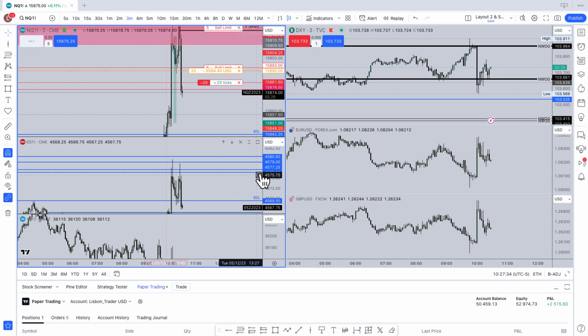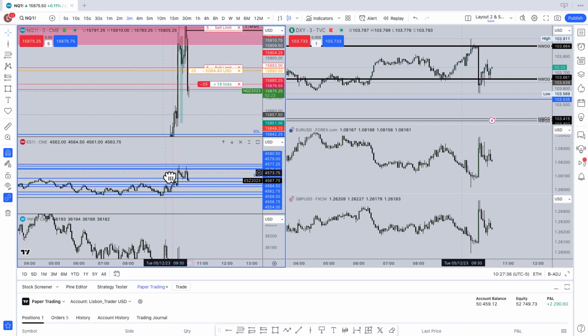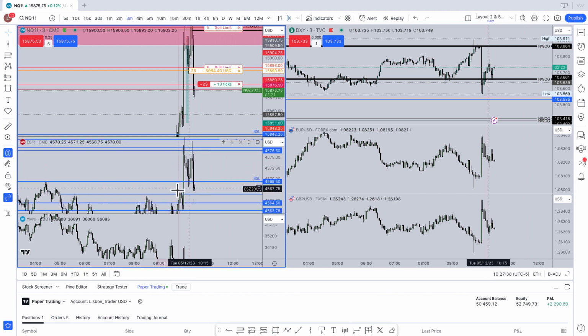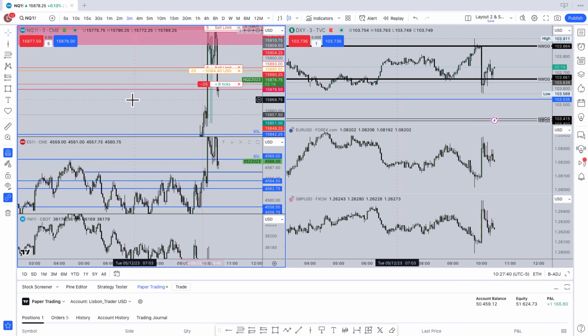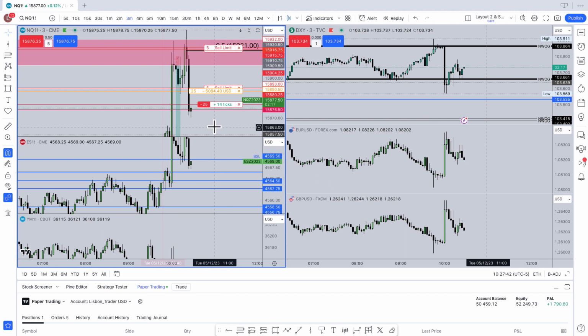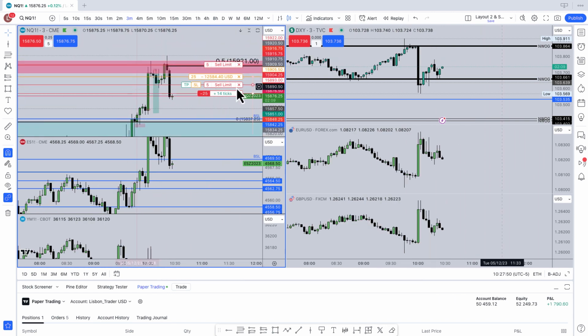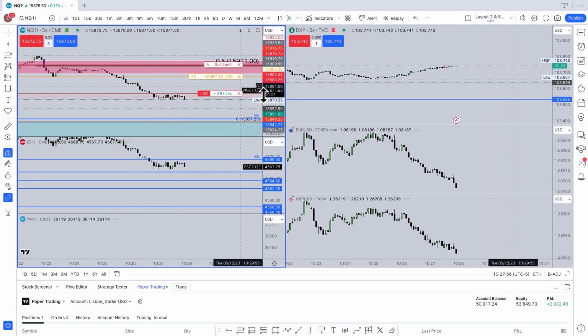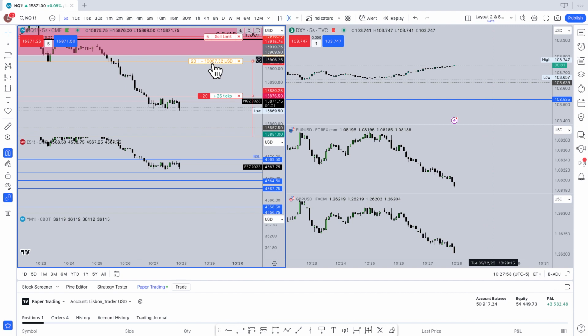Build a position. Yes, it's only signaling the short right now. It's confirming the short. Stop. Right, it's going lower.